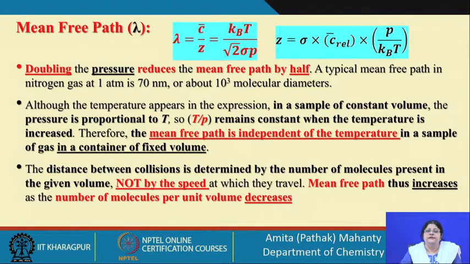When the temperature is increased, the P will also increase. So, if this is the condition, then you see this will have no effect on the lambda.